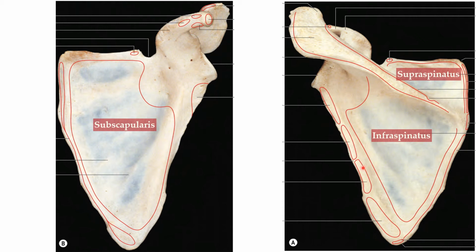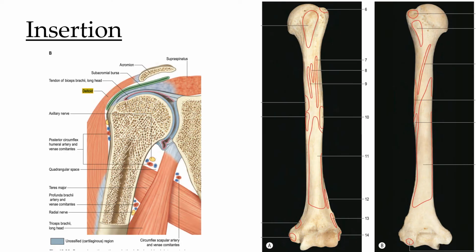The remaining part of the dorsal surface of the lateral border, if divided into upper two-third and lower one-third, then the upper two-third part is the site of origin of teres minor muscle, and the lower one-third of the dorsal surface of the lateral border of scapula is the site of origin of a muscle called teres major muscle.